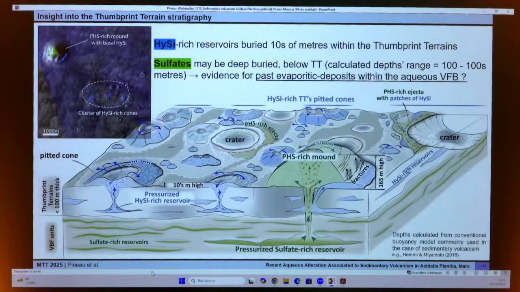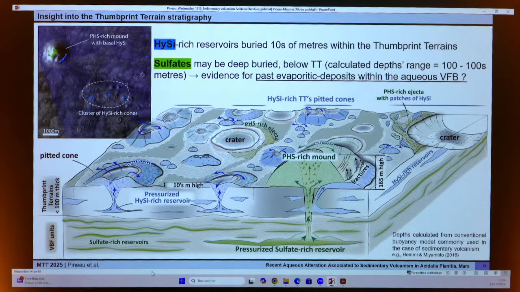So here is the main figure of my presentation and our publication, which is a schematic diagram based on all the observations, that reconstructs what could be the geology here of the temperate terrains. First, near the surface in blue, we have silica-rich reservoirs that are buried several tens of meters deep within the temperate terrains.